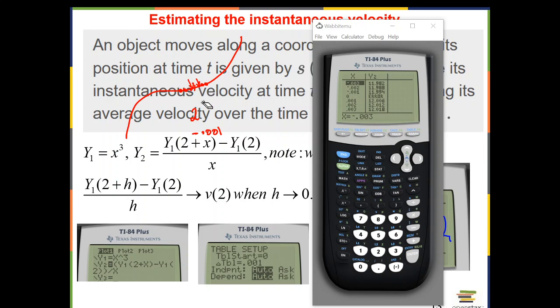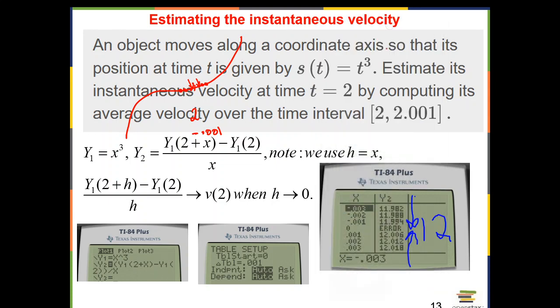So, as you see in the calculator right here, if this is 2 and you approach it from the left, then the numbers approach 12. And if you approach it from the right, then the numbers approach 12 again. You see 12.018, 12.012, 12.006.